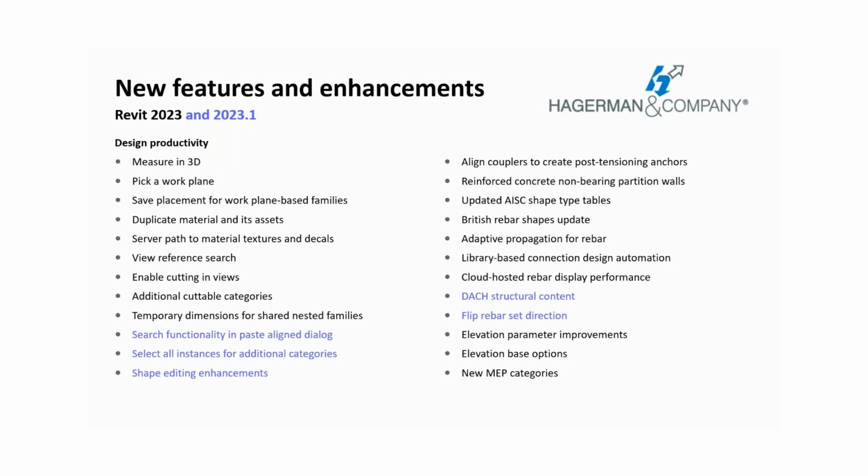So here's a list of features for design productivity. The ones in black are all of the ones from the initial 23 release, and blue are the ones we will discuss today as part of the 2023.1 release. I will keep this slide up a little longer so you can take a quick look at it.